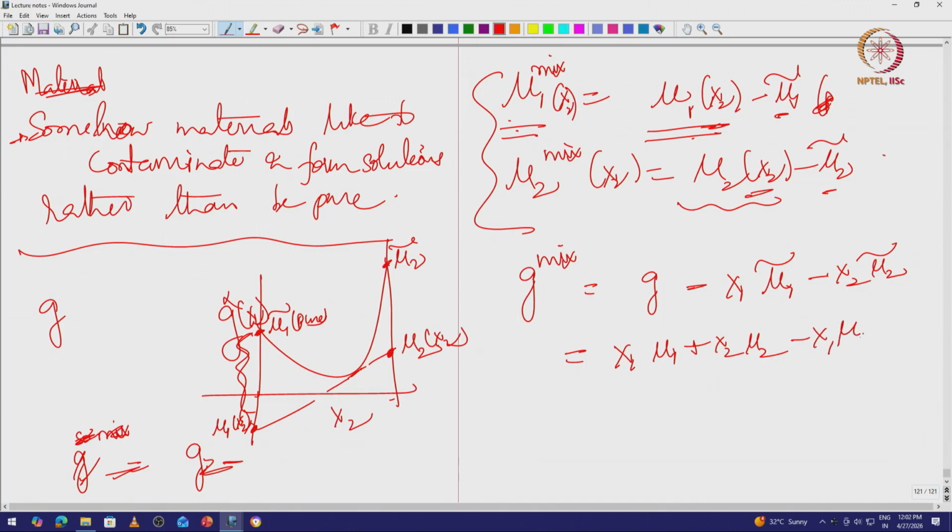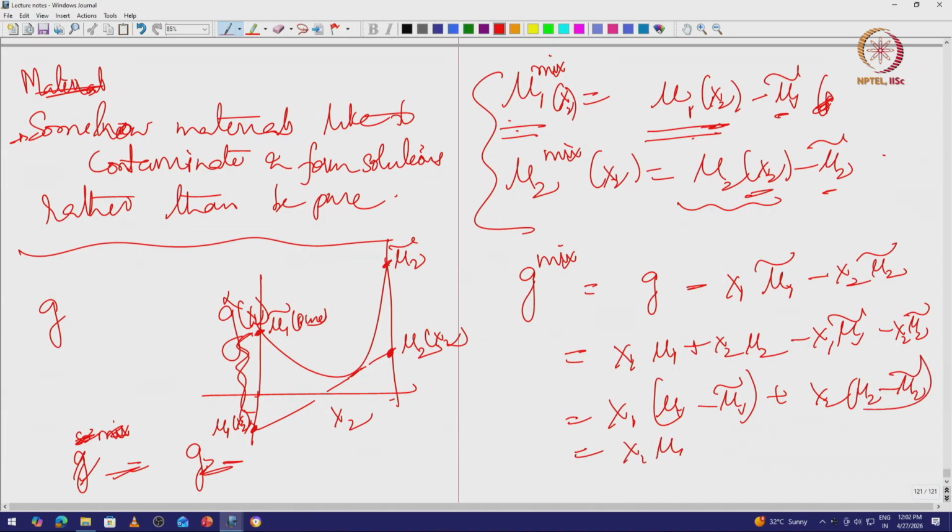So, G mix is x1 (mu 1 minus mu 1 tilde) plus x2 (mu 2 minus mu 2 tilde), and that is x1 mu 1 mix plus x2 mu 2 mix. I am writing mix on the top because I will write the phase there, right. Okay, good. And both are negative numbers, right.